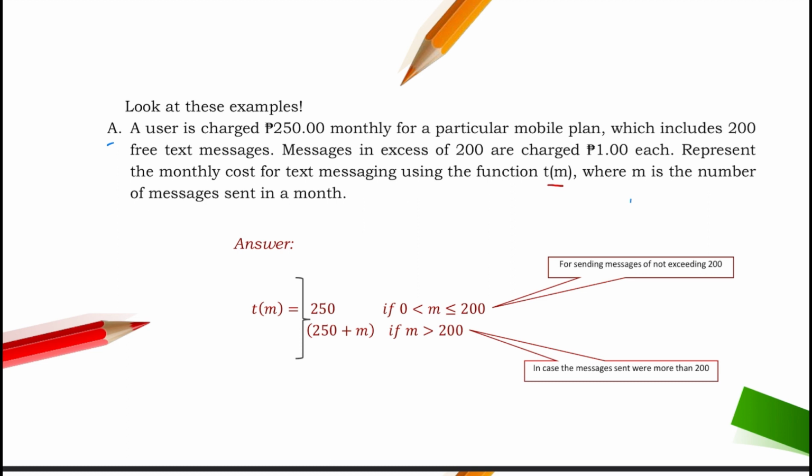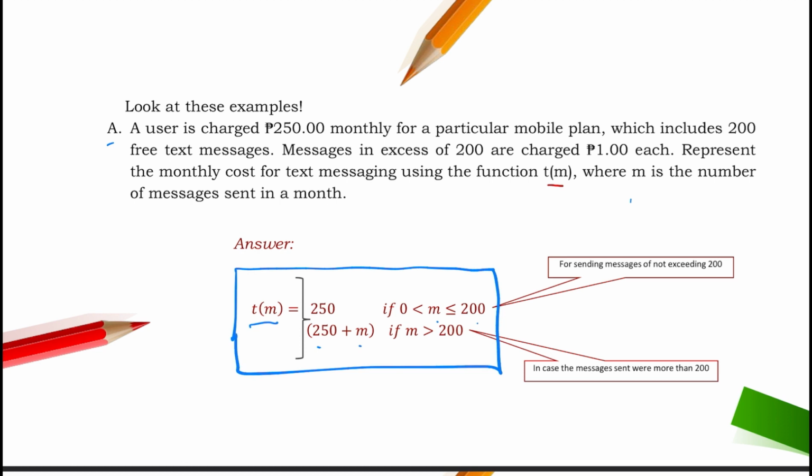So for our solution, the function T of M is equal to, there are two possible equations, 250 if M is between 0 and 200 inclusive. This is for sending messages not exceeding 200. And the second equation is equal to 250 plus M if M is greater than 200, in case the messages sent were more than 200. Okay? So this is now our piecewise function.